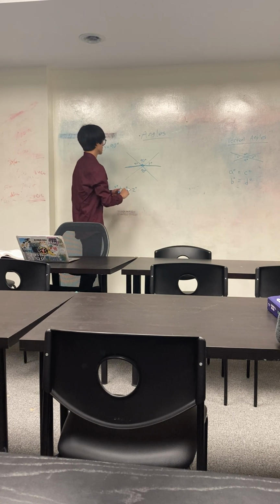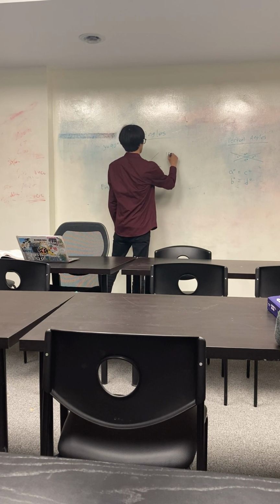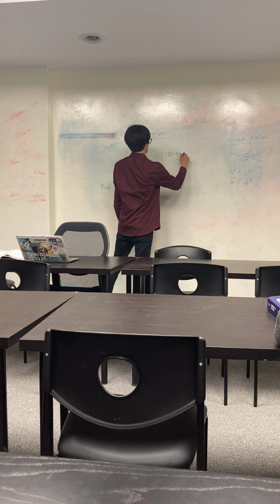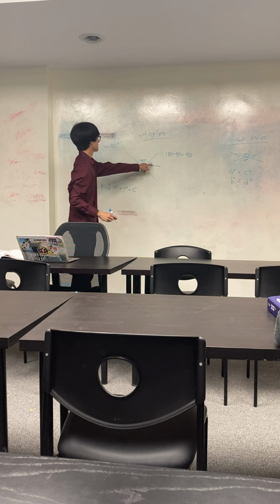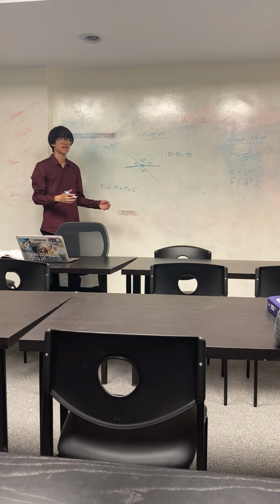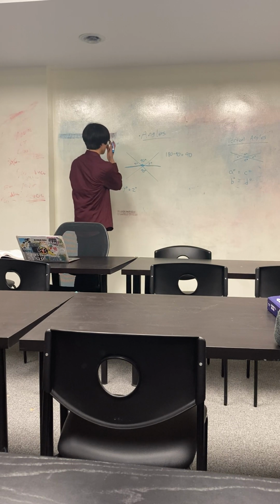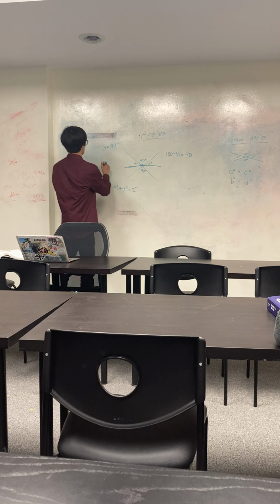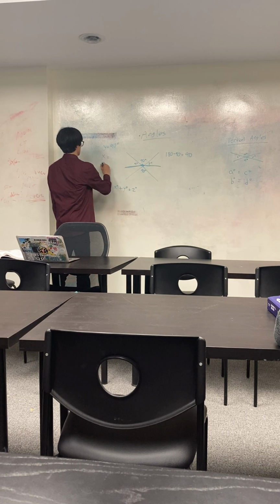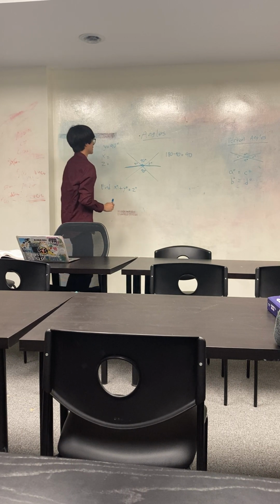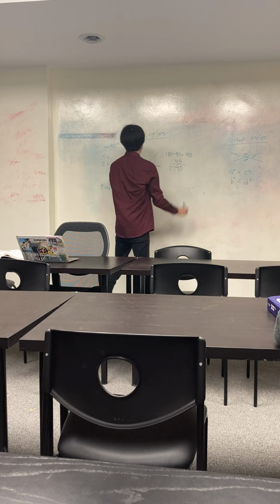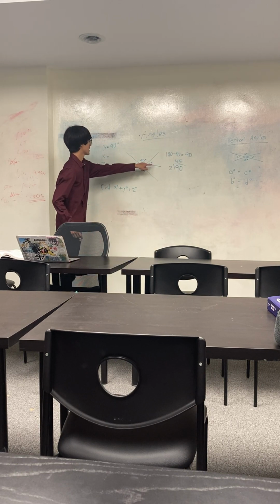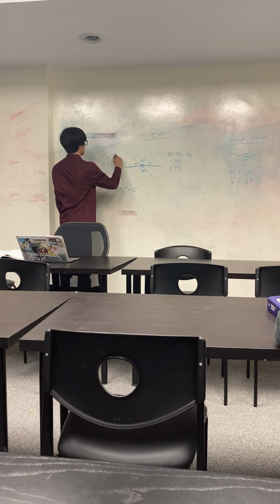So what we could do is we could do 180 minus 90, which equals 90. And so X and Z together have to equal 90, right? So let's take 90 and divide it by 2, right? Very good, it's 45. And so we can say that X and Z both equal 45 degrees.